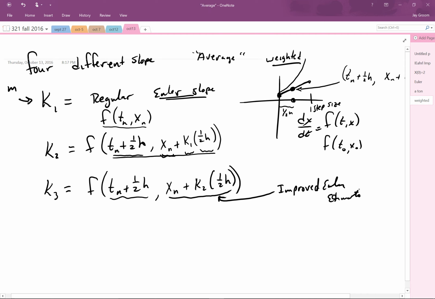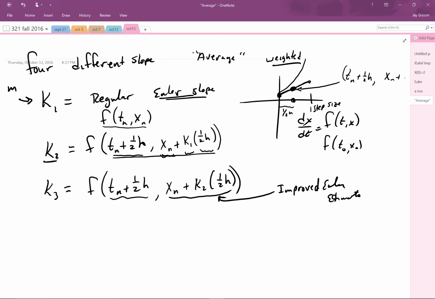Because what you said was, okay, I'll predict a value right here, and so I predicted some value right there at that point. And so then I'm just going to use my new slope to find the slope based on that piece, okay?